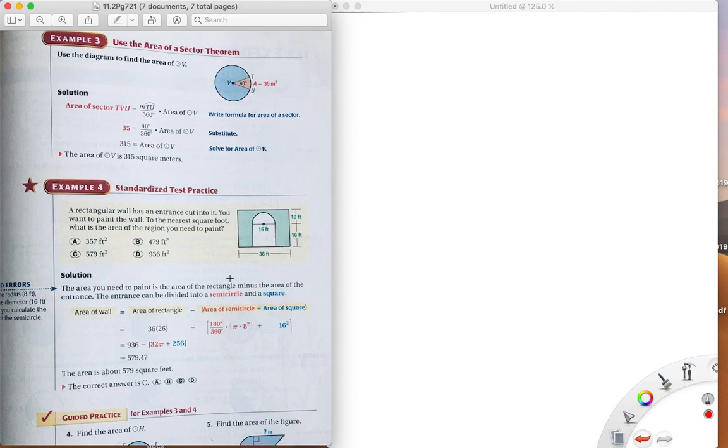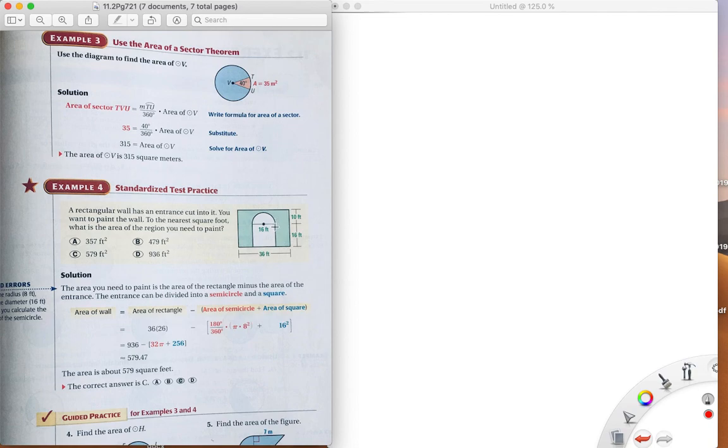So in the case of this, we have a rectangle that's 26 by 36, a semicircle, and a square.